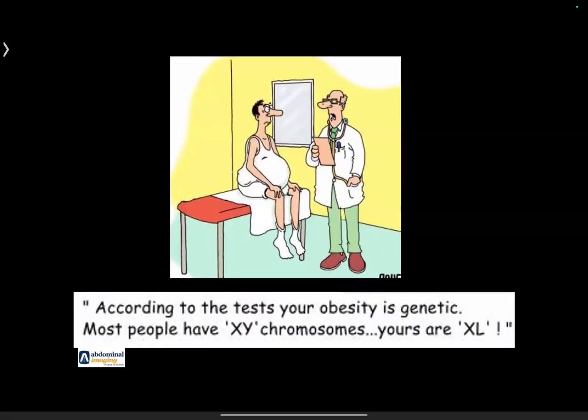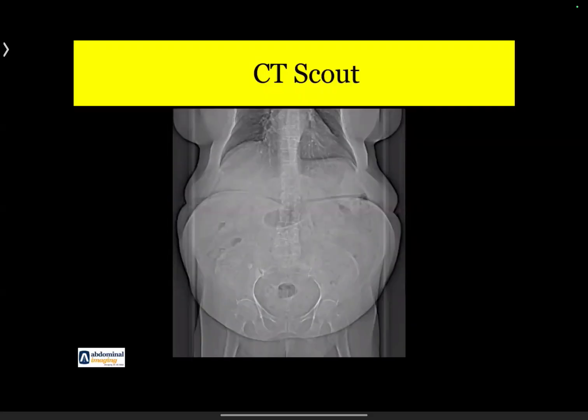So as we see that obesity is rising, let me start with a case study. Here on the CT scout, you can see an obese woman, and she came for a CT scan for very non-specific complaints. Because she was obese, the gastroenterologist thought, let's do a CT scan.